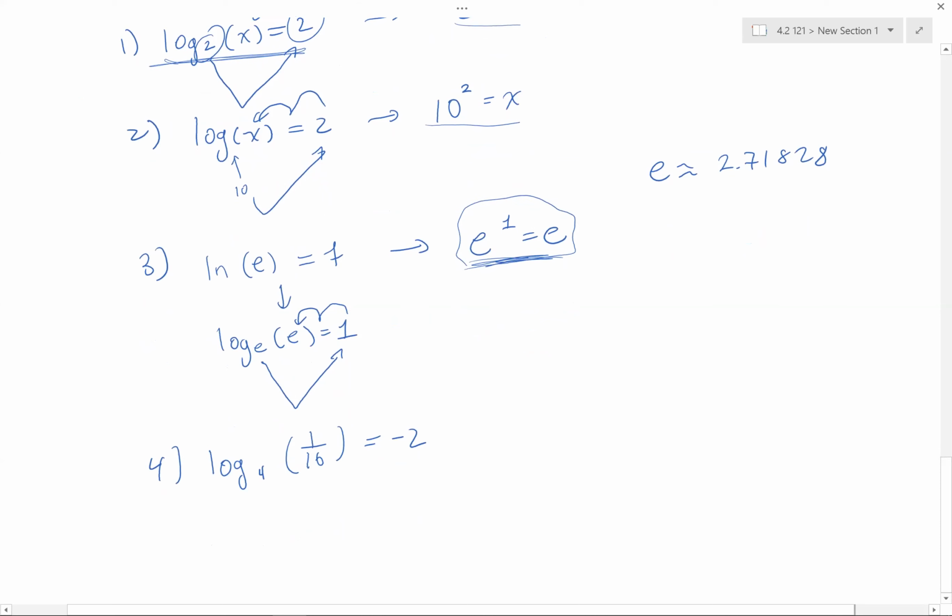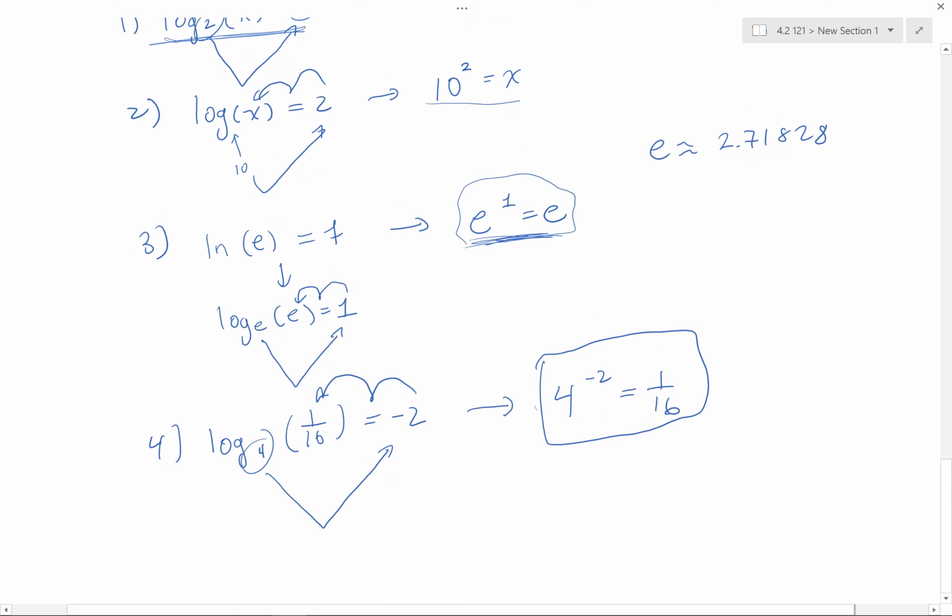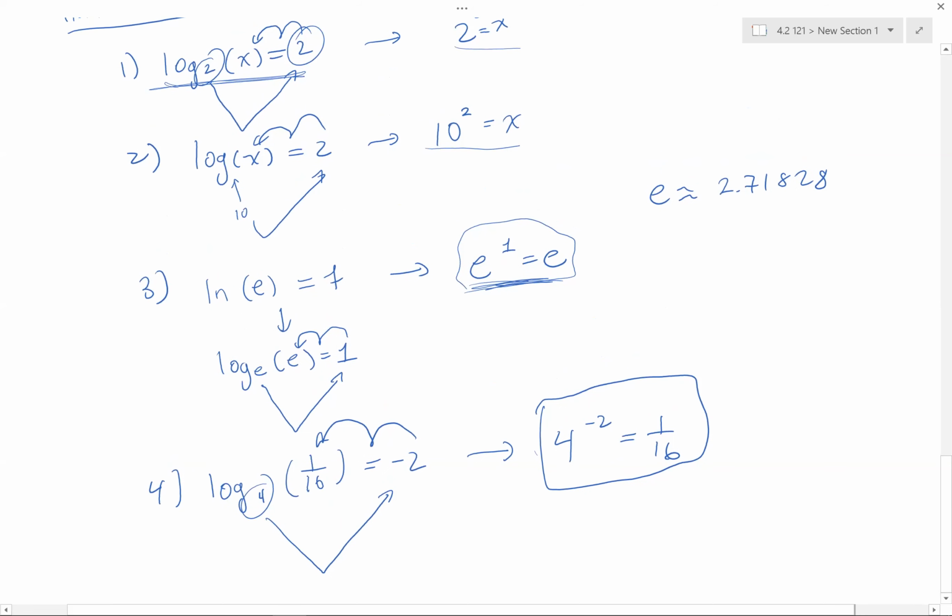These next two are just true statements. So here, I'm going to start with the base again. 4 to the power -2 is equal to what's inside. So that is the exponentiation dialect of this statement here.